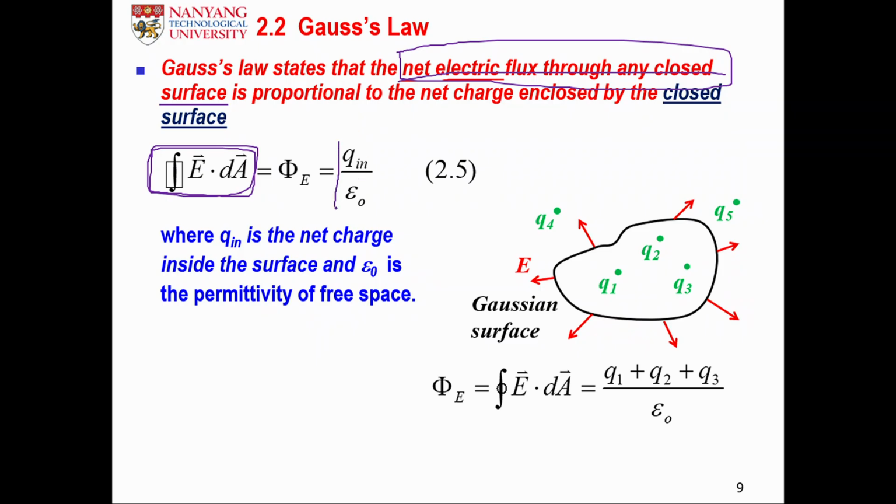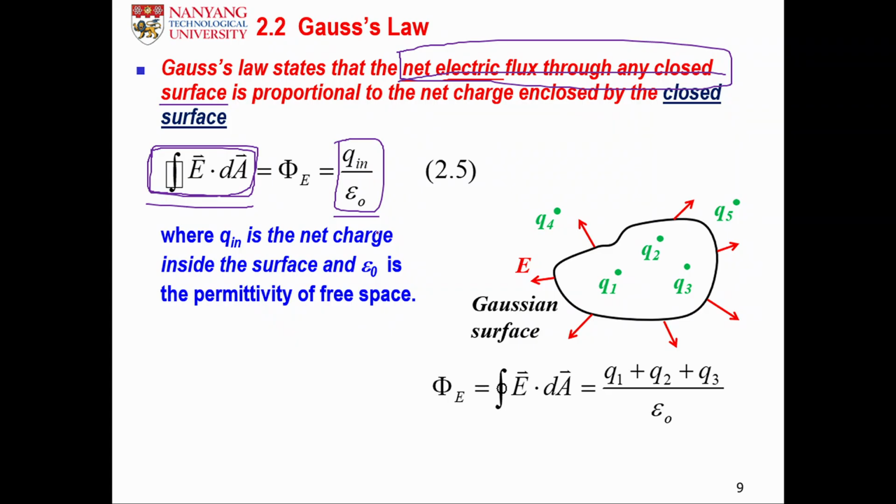So you can see this Q in is the total charge inside the closed surface. So this is the so-called proportional. Total flux equals this. So this is the so-called Gauss's law.